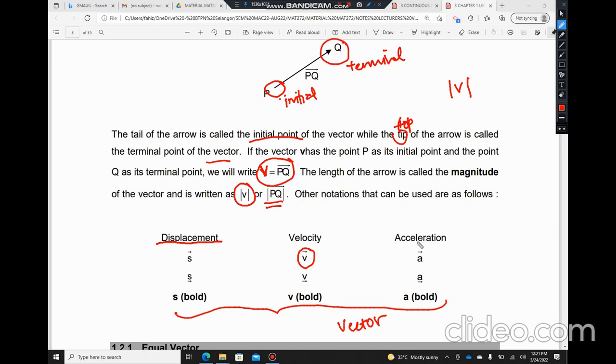And then last one, acceleration ataupun pecutan, A atas, A bawah, ataupun A bold. So yang ni notation yang kita boleh gunakan untuk vectors. Dibeza tadi kalau skala dia huruf kecil tapi dia italic. Okay, so yang ni untuk vector.